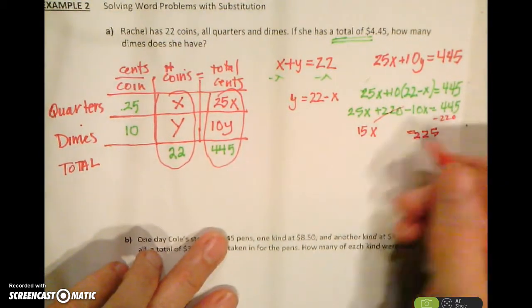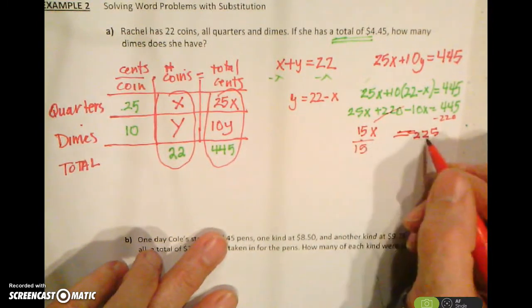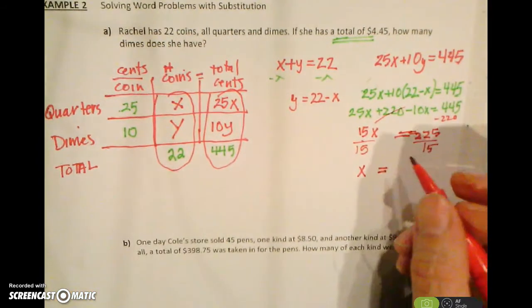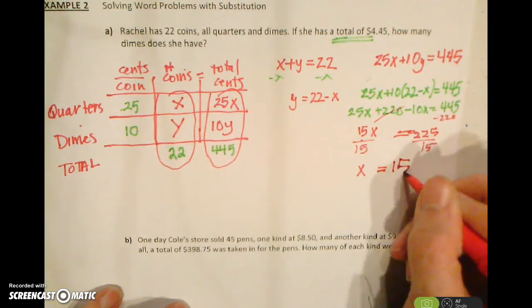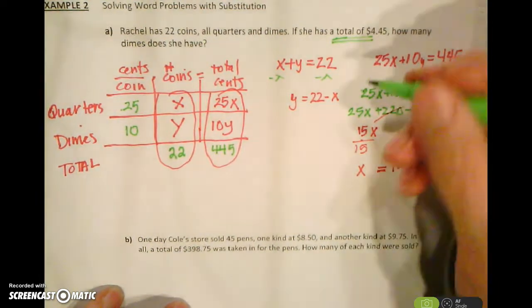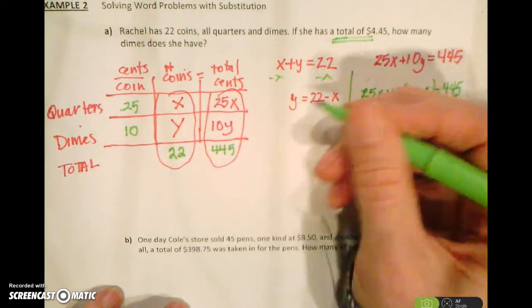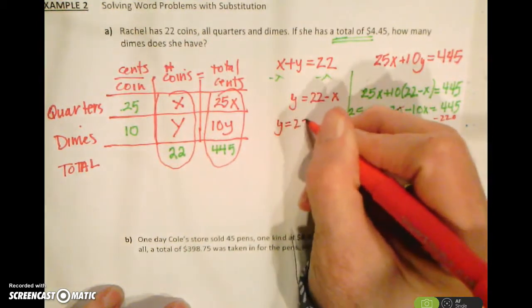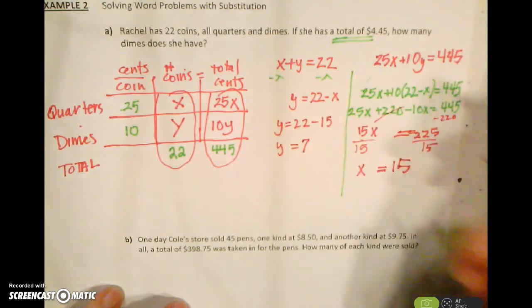And then I'm going to end by dividing both sides by 15. And that's going to give me X is equal to 15. So once I get the 15, I'm going to come over here and plug 15 in for the X. So then I'll have that Y is equal to 22 minus 15. So Y is equal to 7.